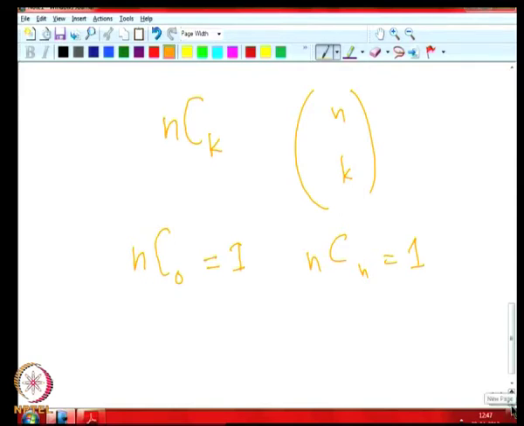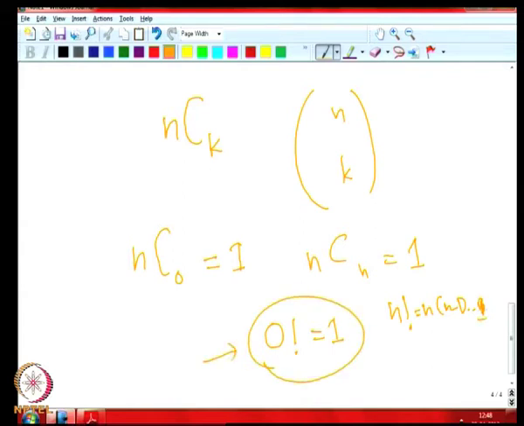Note that when we defined permutations, we should have said that 0 factorial is by definition 1, though it does not make sense, because usually we write n factorial is equal to n into n minus 1 into up to 1, right. So, what do you mean by 0 factorial? You just say that we define it like that to make things convenient. For all values of n greater than or equal to 1, the definition makes sense.